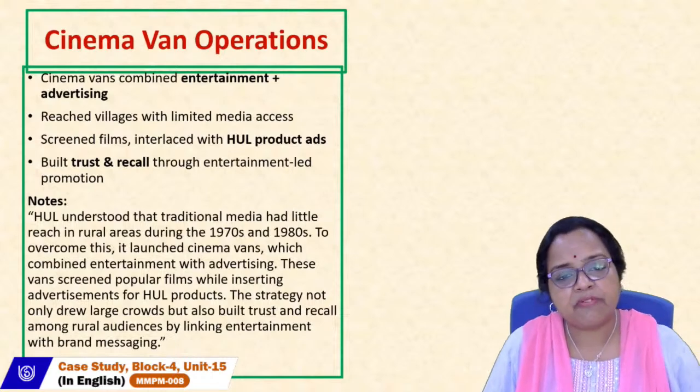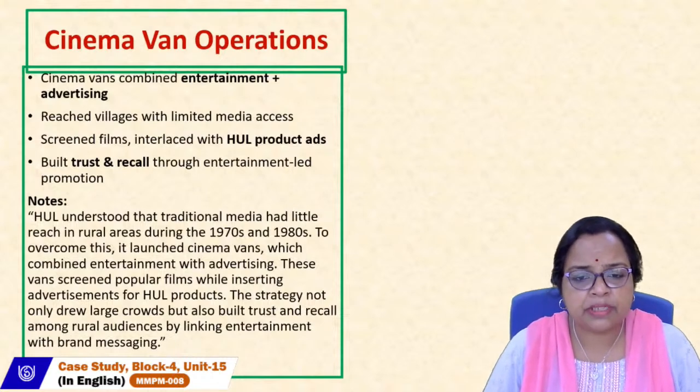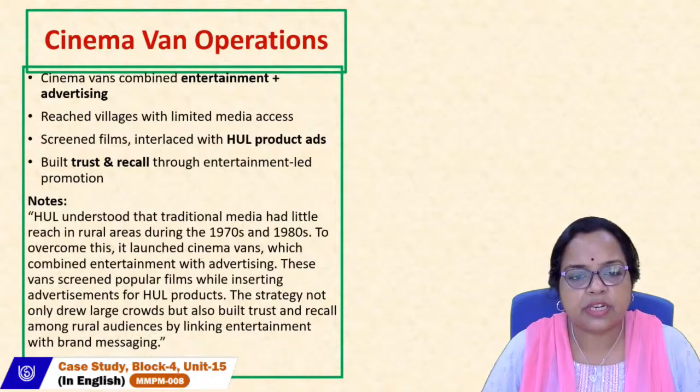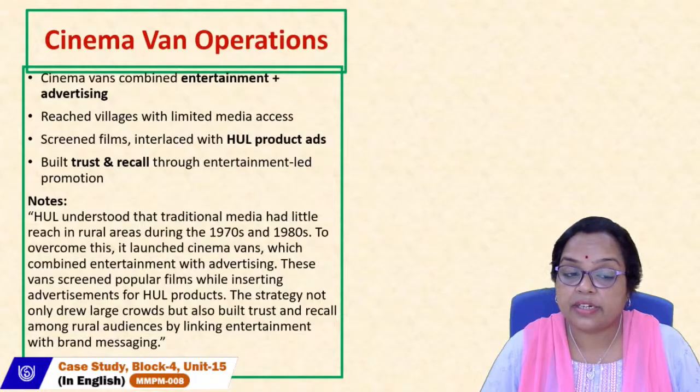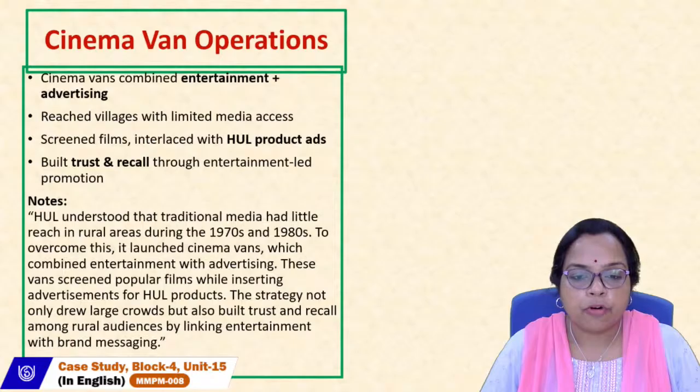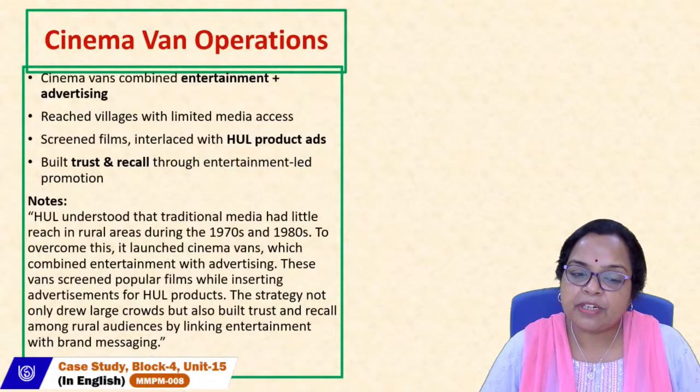They named it cinema van because the only medium of entertainment in those days was cinema or films. So while people were watching the films, HUL started showing advertisements for its products. The local buyers who watched the particular movie were also watching the advertisements of HUL products.